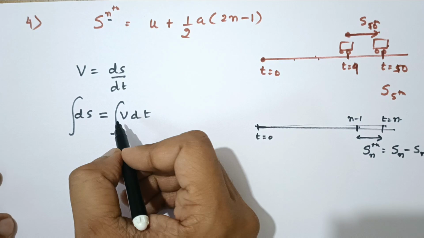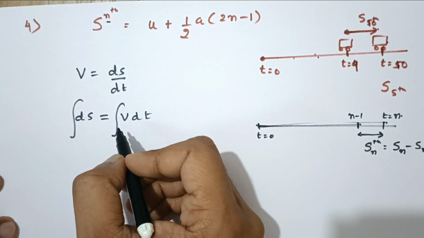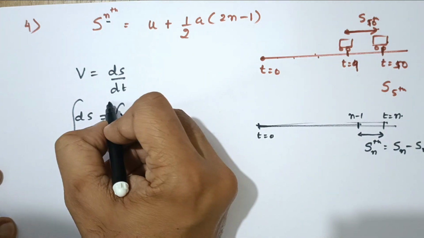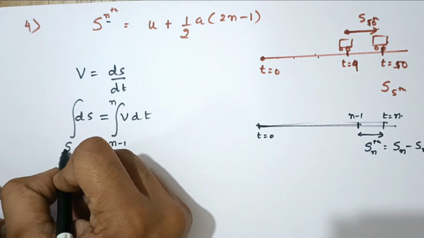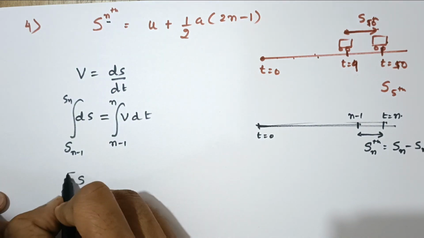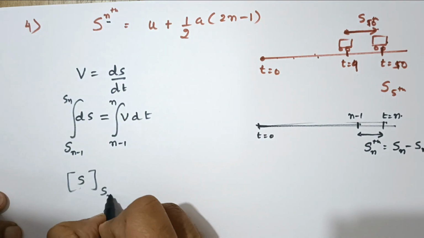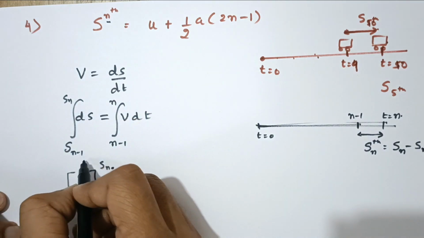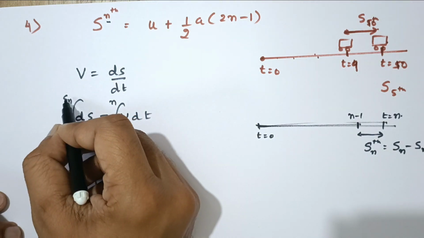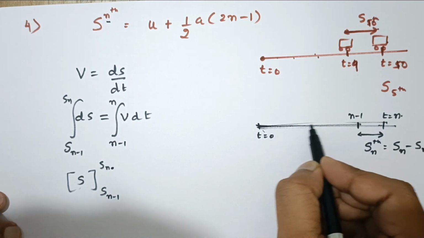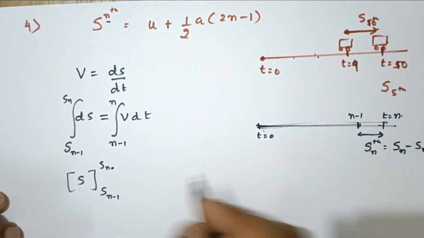So over here, since I am being asked to find the distance traveled by the body in the nth second, I am going to take the time limits n minus 1 to n, and the displacement limits can be written as S(n-1) to Sn. The integration of ds is S, with lower and upper limits, that is Sn, the total distance traveled by the body in n seconds, minus S(n-1), the total distance traveled in n minus 1 seconds.